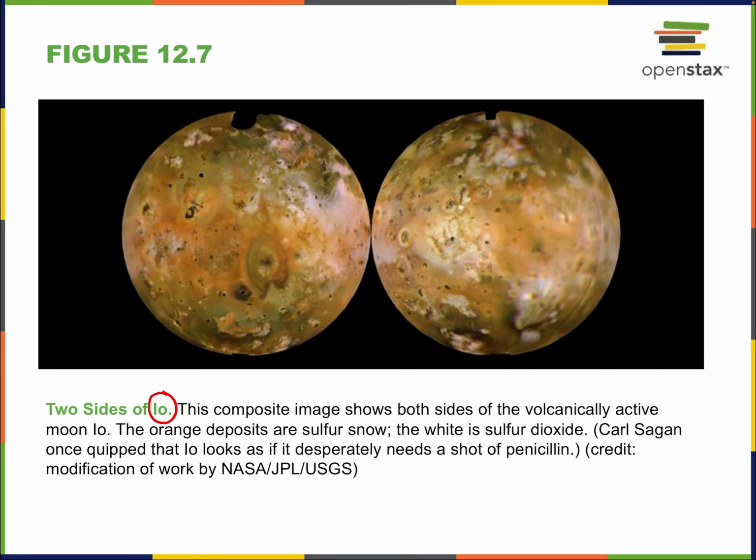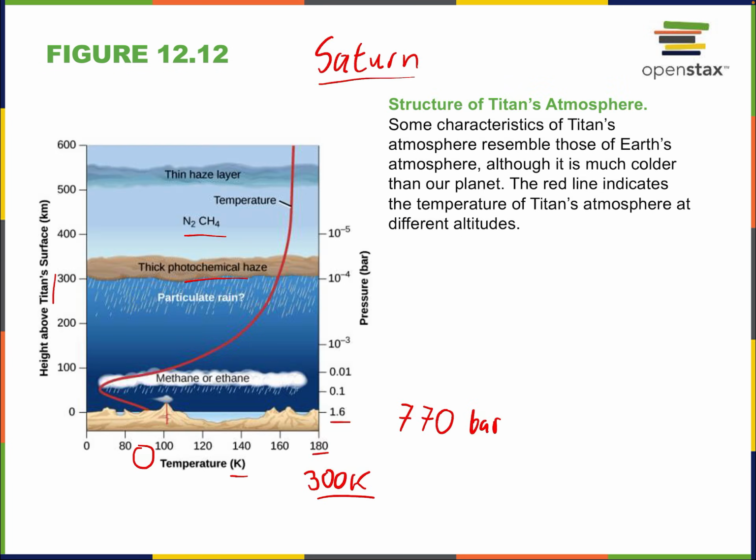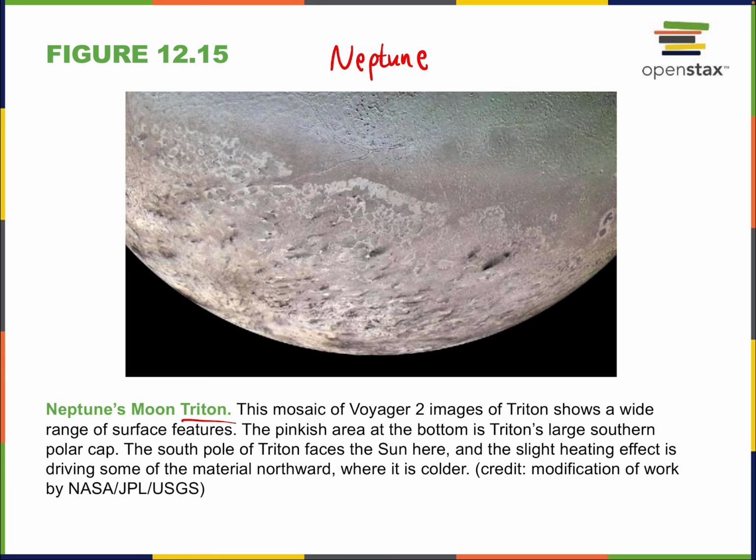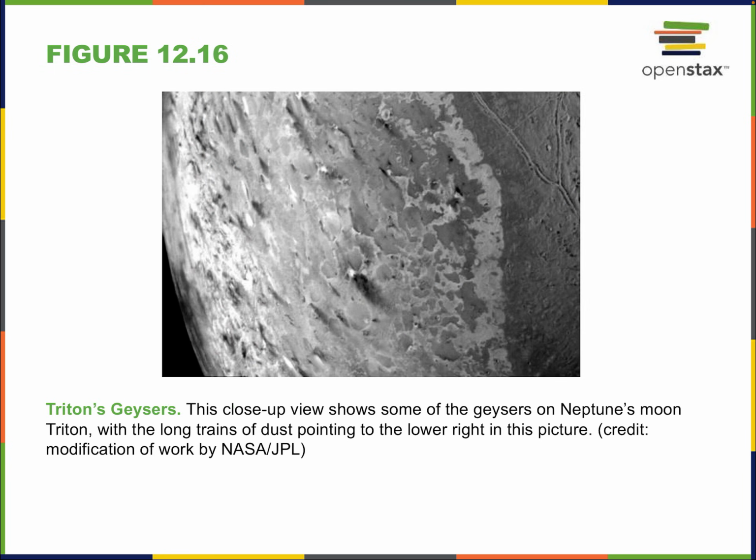But a detail of note that we are going to cover for Triton is that it is unusual because it has a retrograde orbit. Its surface is also quite interesting because we see not a lot of craters, and we see evidence of geyser eruptions that have settled into these big dust rims.